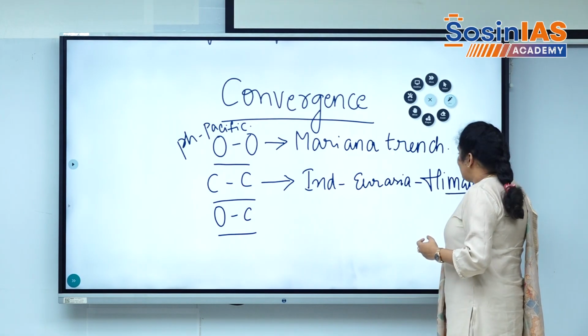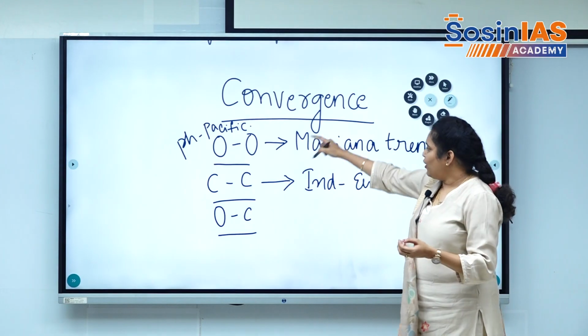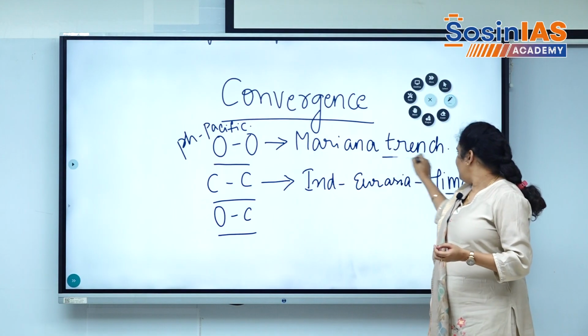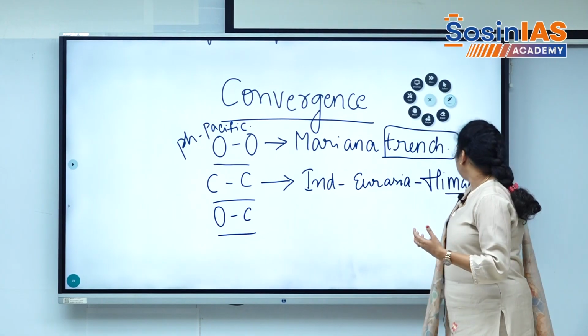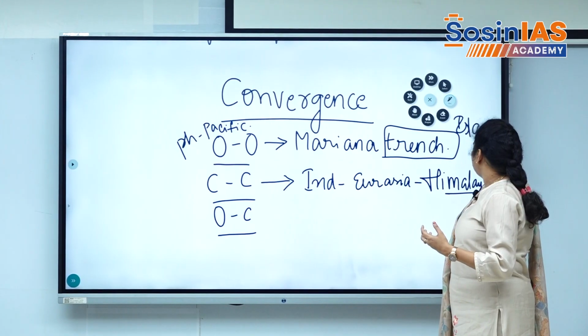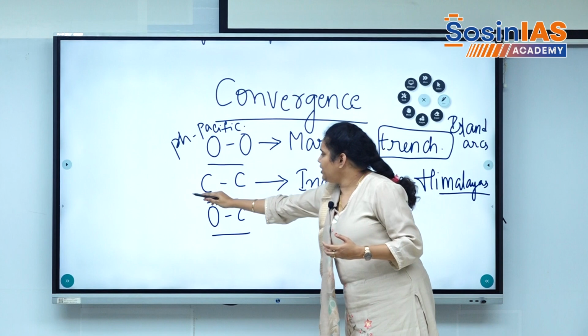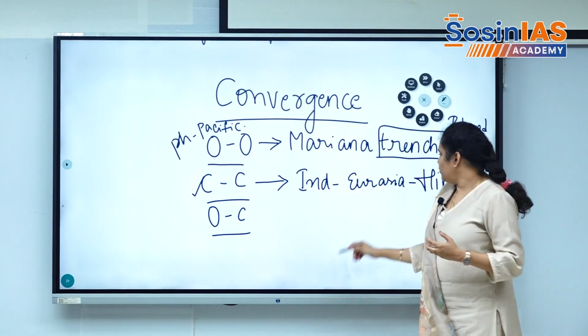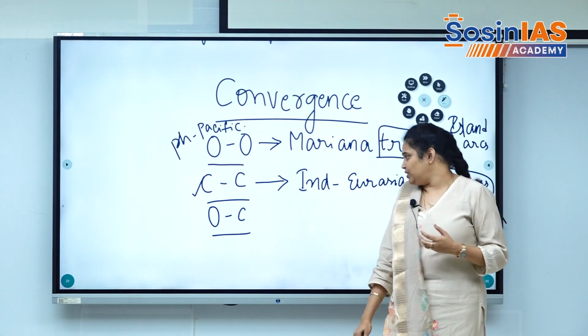As I told you, it is better if we mention the features associated. For ocean convergence, remember mentioning the trench and the volcanic mountains, all the island arcs that were present. Those are the features associated. When it comes to continent convergence, you can write the Himalayas, the fold mountain systems, as the feature associated.